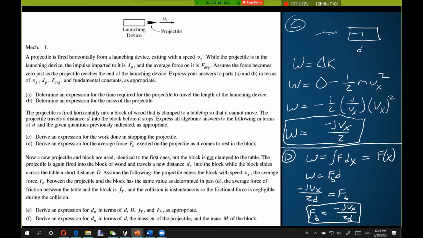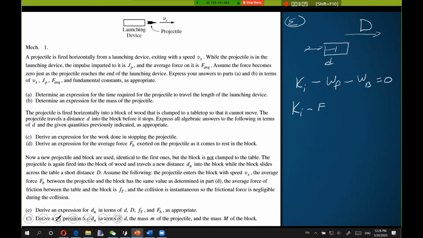I can leave that one as general, but this is D, just D. Okay, this is a subscript DN, because now it's the distance when we're not clamped. And they subscripted that for us here. DN, FB. Okay, so I'm just matching their subscripts. I didn't do that the first time.